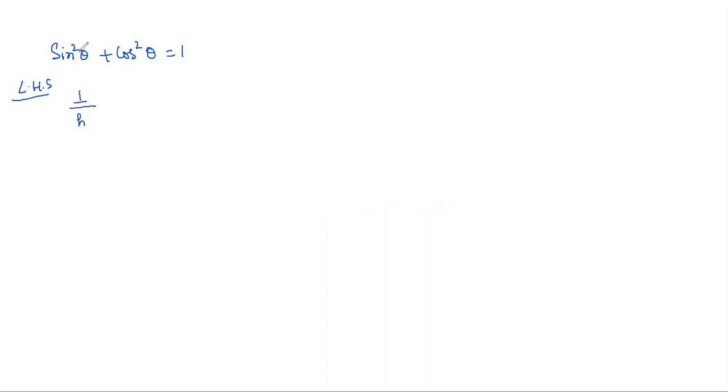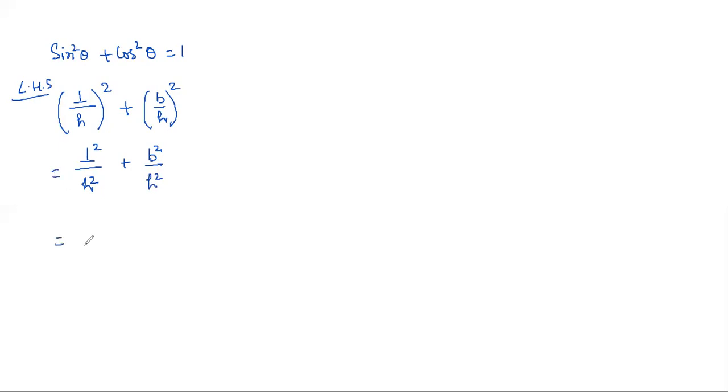Since I want to write the square of it, I'll square. And cos theta is base upon hypotenuse and its square. So when you open the bracket, it will be perpendicular square upon hypotenuse square, and then base square upon hypotenuse square. Let's take LCM.